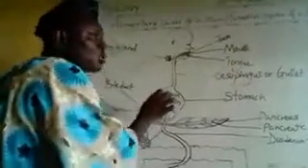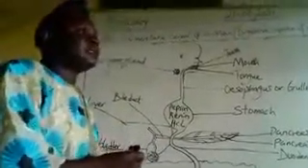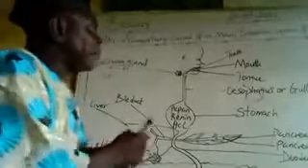Here, the food will turn into a semi-liquid called chyme, C-H-Y-M-E.